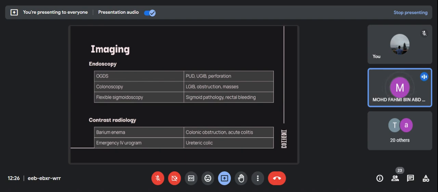Sometimes you need to do something a little bit more invasive, but it offers you better sensitivity and specificity. No point doing something less invasive, but sensitivity and specificity is very poor. Even if you do it, you cannot make decision. No point of doing it. Or doing something unrelated completely.